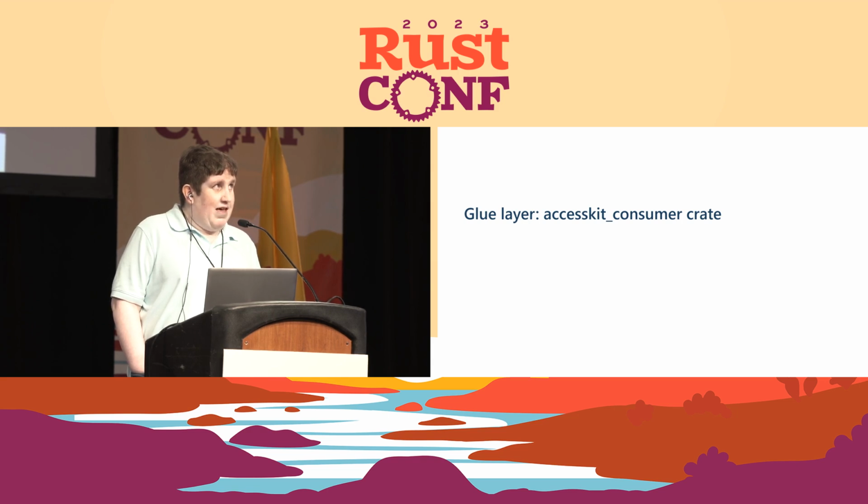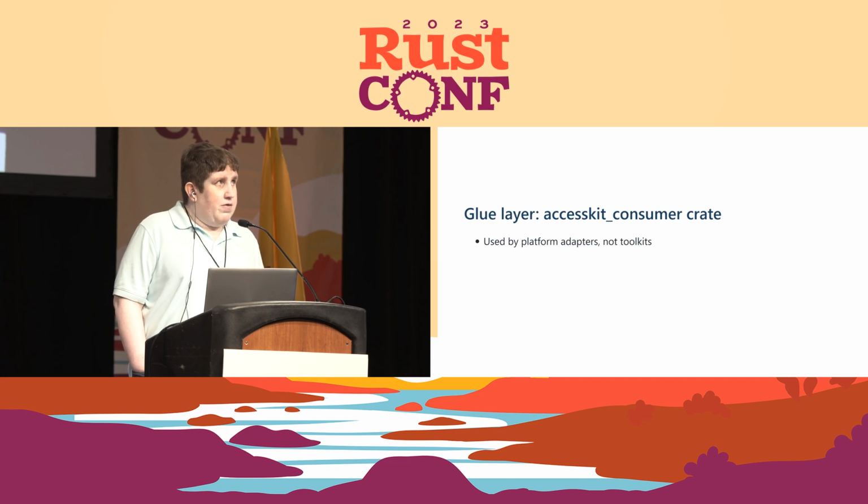By the way, AccessKit is a multi-crate project. We currently have a monorepo. And this crate is not used directly by GUI toolkits or applications. It's used by the platform adapters, which are the crates that implement the accessibility APIs.